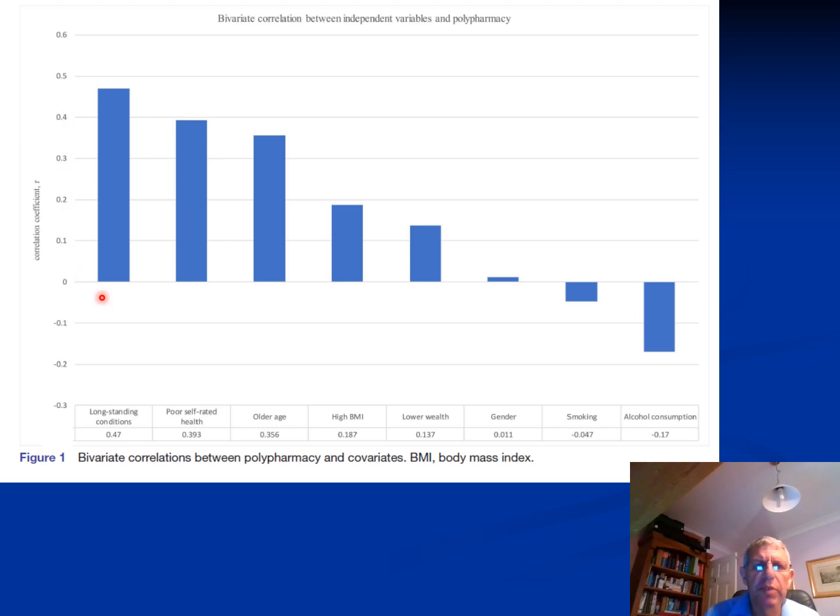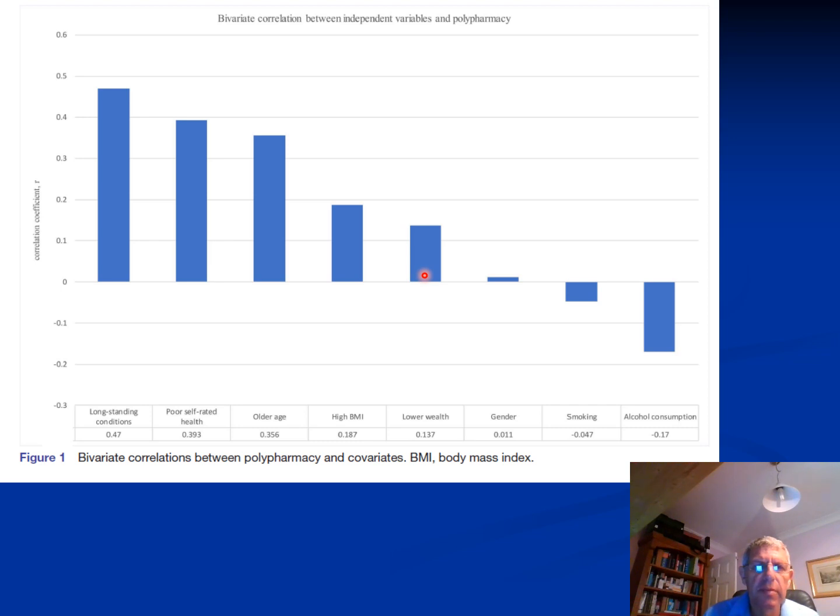So it's no surprise to see that the top predictors of polypharmacy are long-standing health conditions, poor self-rated health, and older age. It may be slightly less expected to see that people with a higher BMI also have higher prevalence of polypharmacy, and also those with lower wealth.